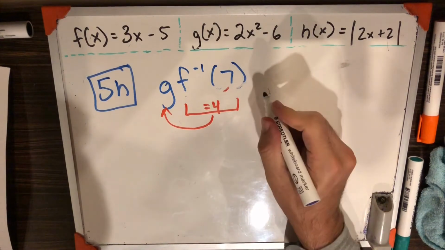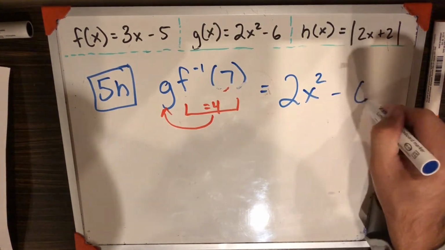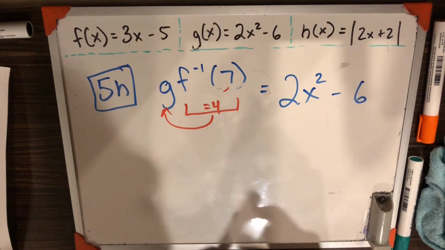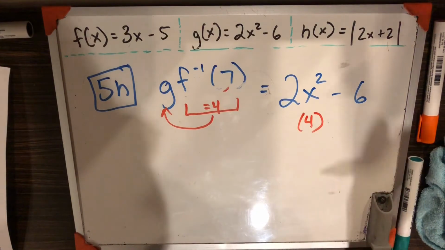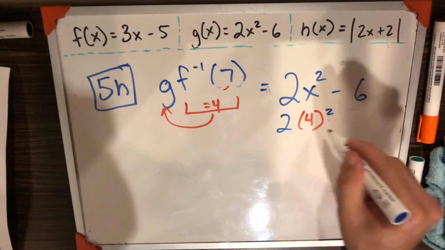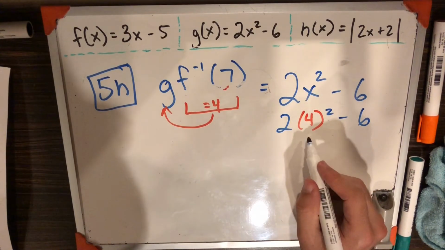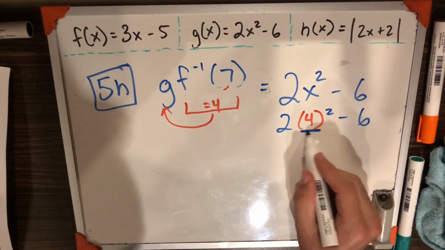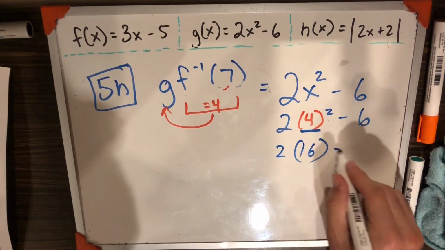So let's go ahead and write down g, which is 2x squared minus 6. I know I'm plugging in 4 for x. Again, do PEMDAS. PEMDAS tells you to do your exponents first. So 4 squared is 16, times 2, minus 6.